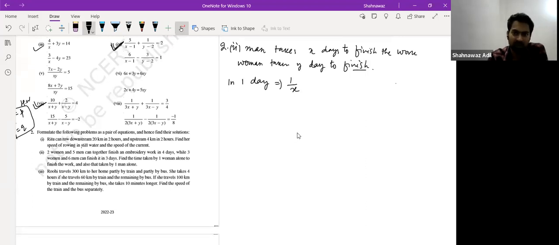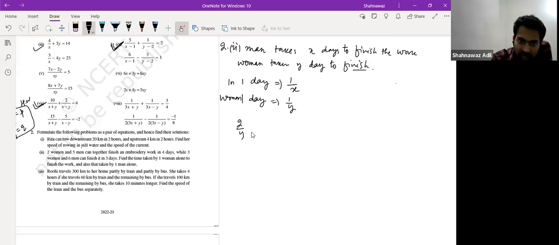Yes, sir. So that is how you calculate the 1 day work. Similarly, the 1 day work of a woman would be 1 by y, right? And if there are 2 women, the work would be 2 by y, and 5 men would be 5 by x work, right?